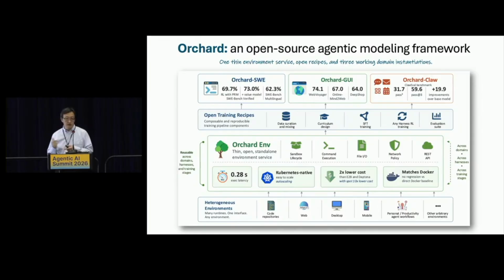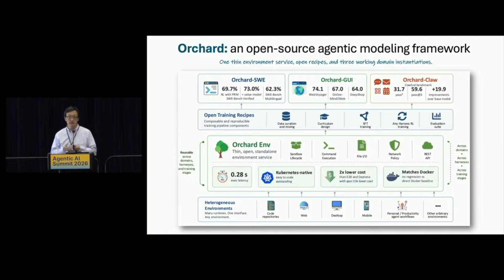But agentic modeling is different. You need an environment to run hundreds of thousands of agents simultaneously so that they can generate a lot of trajectory data. And then you can use this trajectory data to train your model. So it's not there yet.